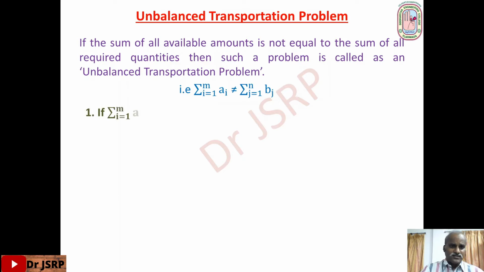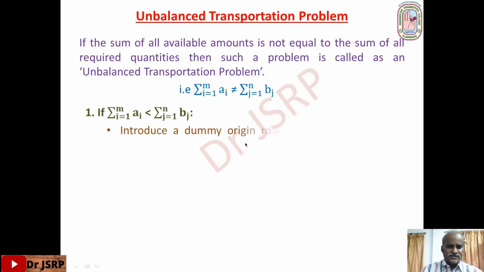First case, if sigma i equal to 1 to m, ai is less than sigma j equal to 1 to n, bj. That means there is surplus amount required. So how do we overcome this condition? We have to introduce a dummy origin with some available amount, which is equal to the difference of sigma bj and sigma ai.